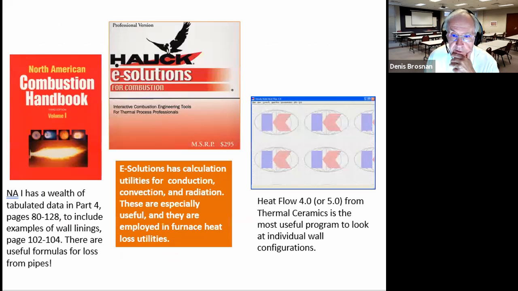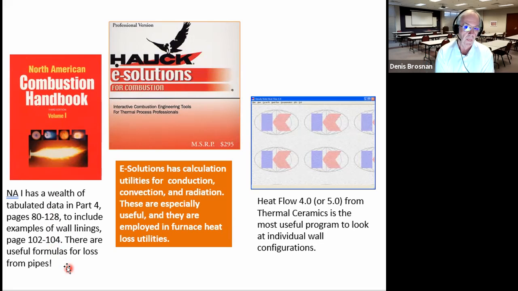Now, if you don't like calculations, we've got alternatives, and that's what we're going to use in this course because we let the computer do the work. When I was a university student, we used things like the North American Combustion Handbook, which, believe it or not, existed back then. They have tabulated heat transfer data for different types of products in that handbook.